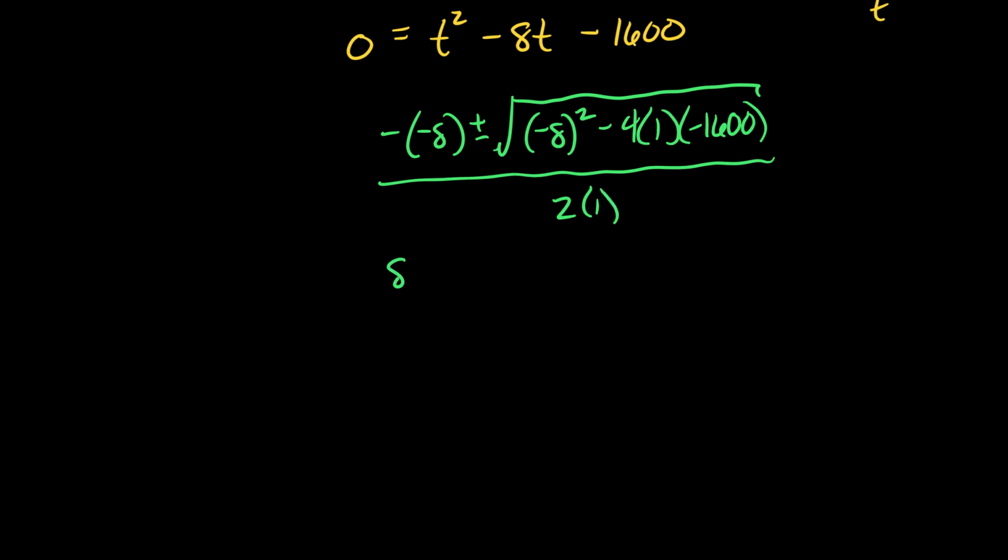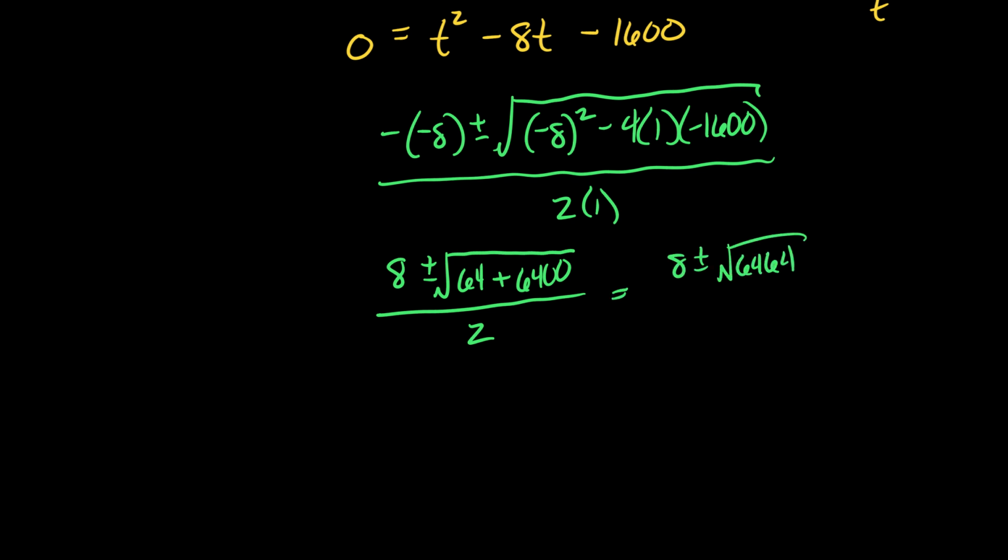All right, so that's 8 plus or minus the square root of 8 squared is 64. Minus minus is plus. 4 times 1,600 is 6,400, so 6,400 divided by 2. So that's 8 plus or minus the square root of 64 divided by 2. All right.